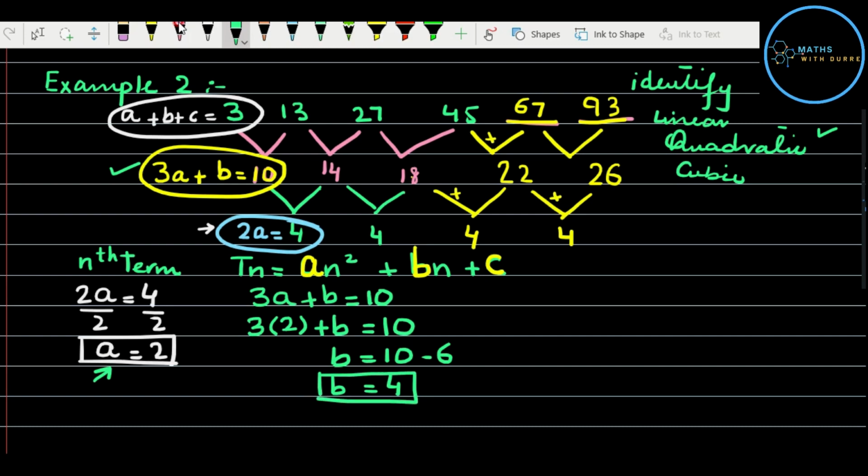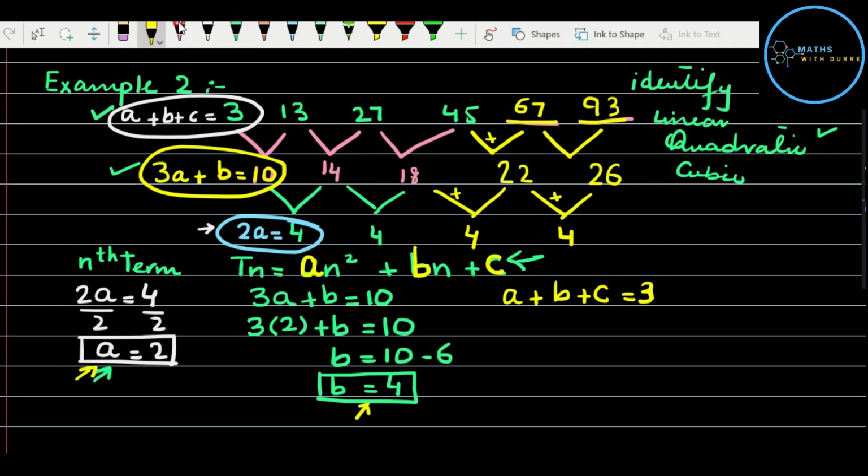Okay, what's left? As per this general term, c is left. So we will go and solve. a plus b plus c equals 3. The value of a is 2, and we know the value of b.